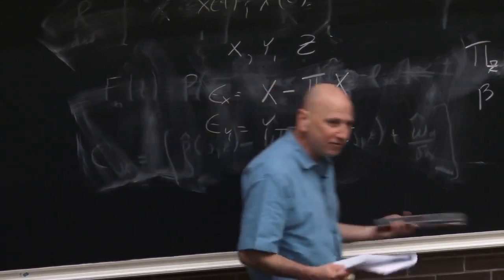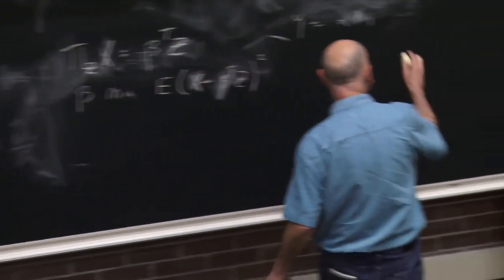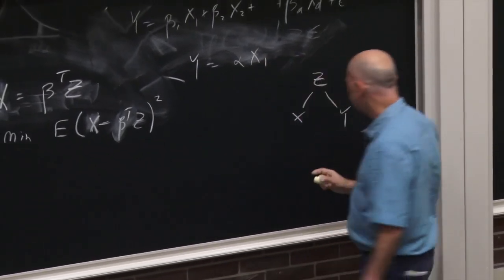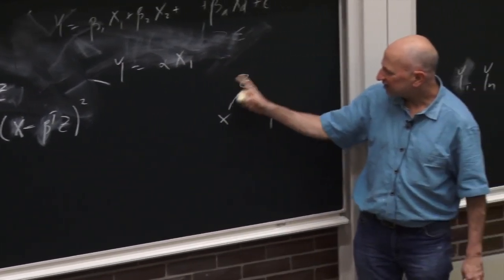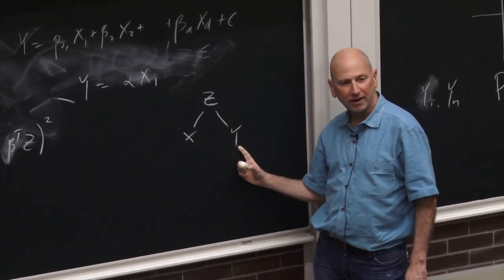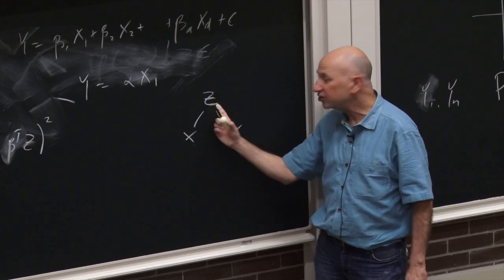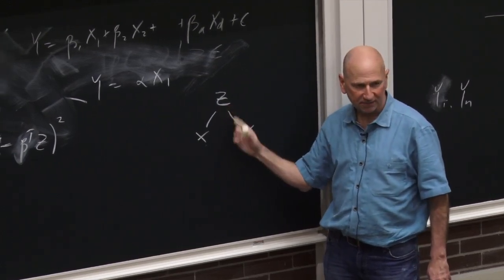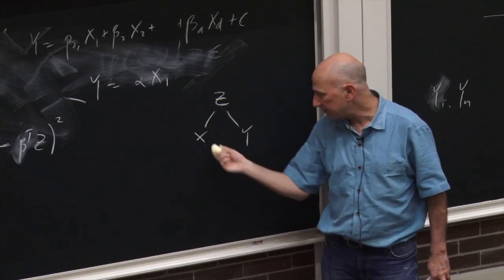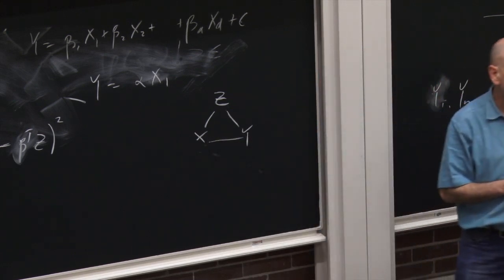I haven't really explained conditional independence graphs yet, but roughly speaking, it's this. We're thinking of x as being generated from z and y as being generated from z, and the correlation that I'm seeing between x and y is due to z. But if I take z out, how much correlation is left between x and y? Maybe there's still some.